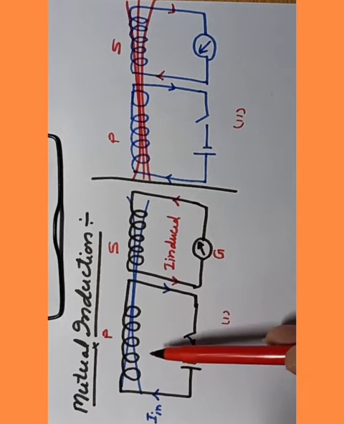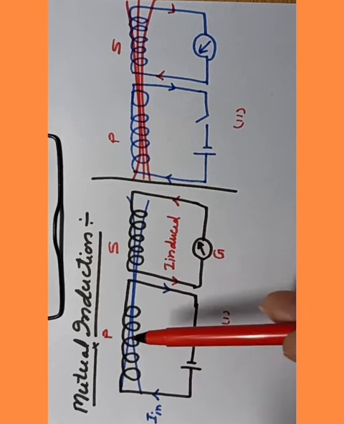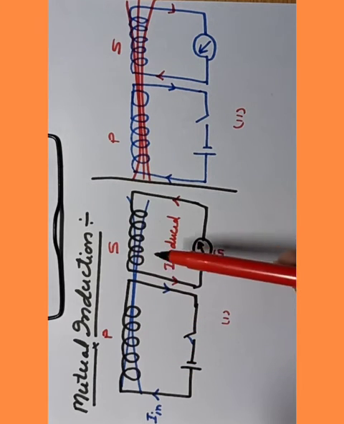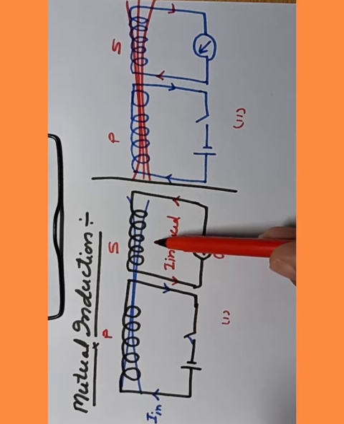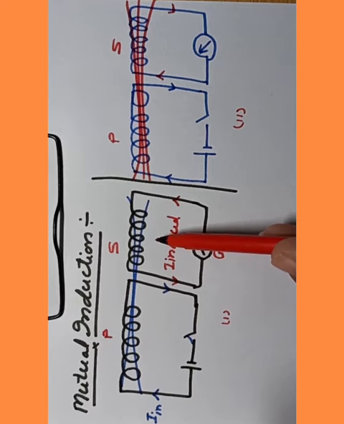Therefore, its magnetic field also will increase from 0 to maximum. Magnetic field is associated with the secondary coil also. Therefore, the magnetic field of the secondary coil will also increase, increasing its flux, and increasing flux will produce induced current.